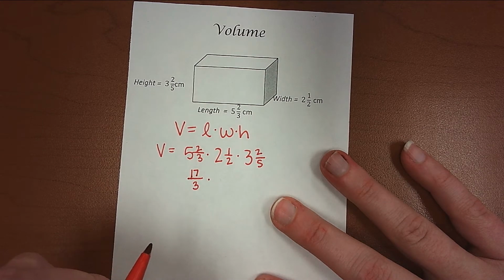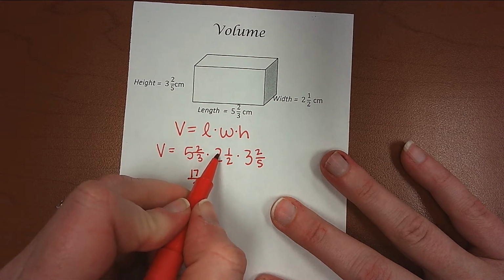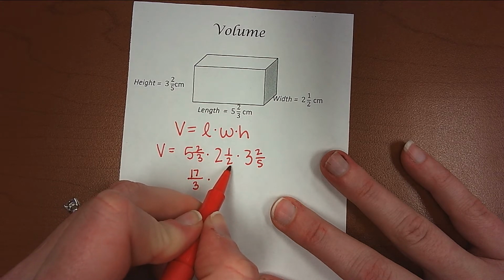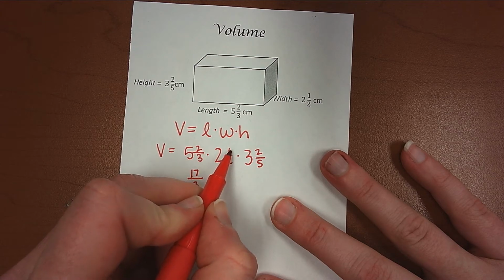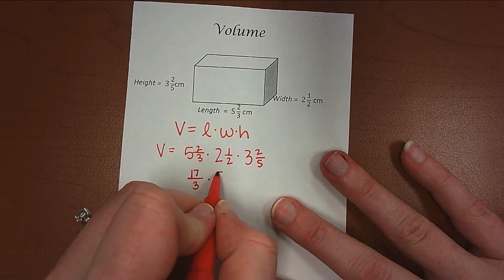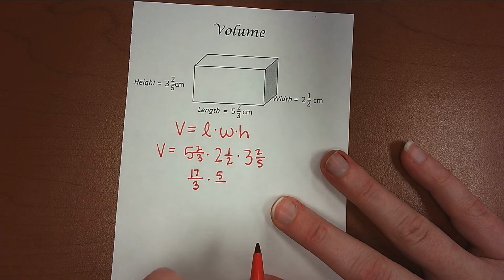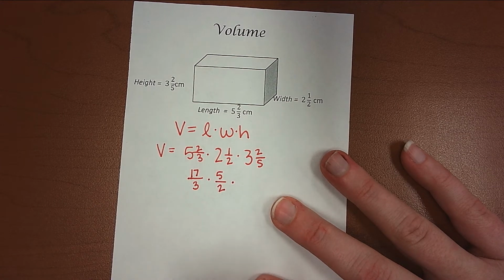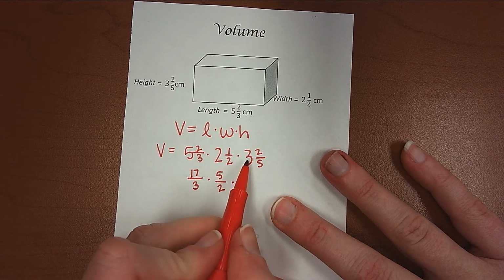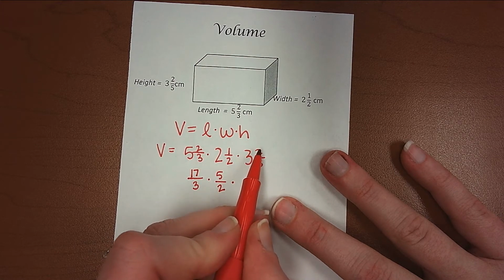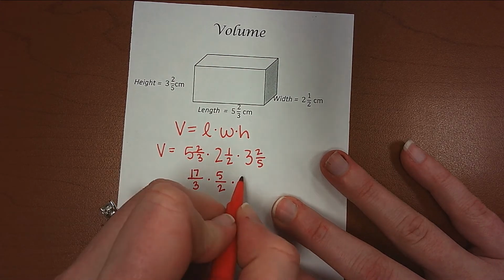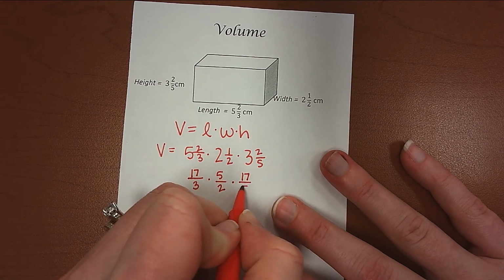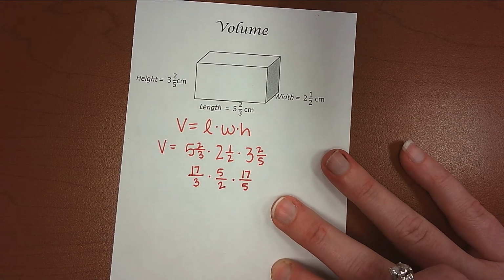And then times 2 1/2, 2 times 2 is 4, 4 plus 1 is 5. My denominator stays the same, 2. Times my last fraction, 3 times 5 is 15, plus 2 is 17. My denominator stays the same with 5.